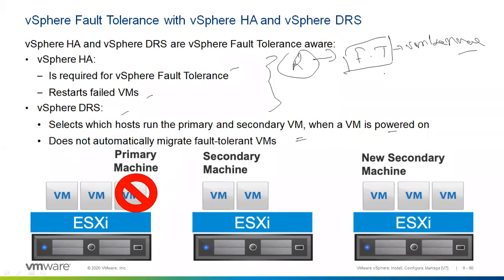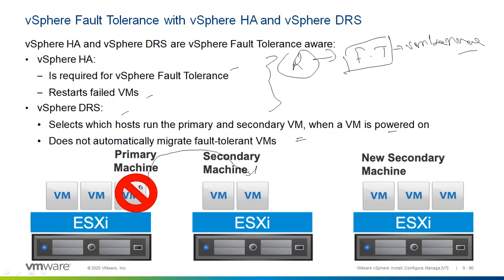Okay. So along with HA and DRS, where we are enabling fault tolerance at the virtual machine level, for that we have to configure a VMkernel port. Then you can enable fault tolerance for that particular VM, the VM for which we have created the fault tolerance VM. All right.